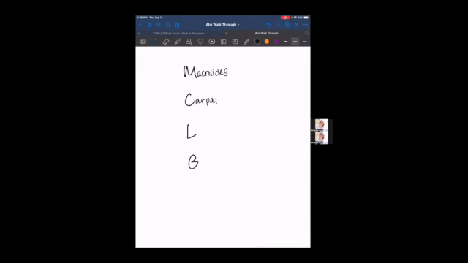Carbapenems. Carbapenems. Glycosamides, and glycopeptides.